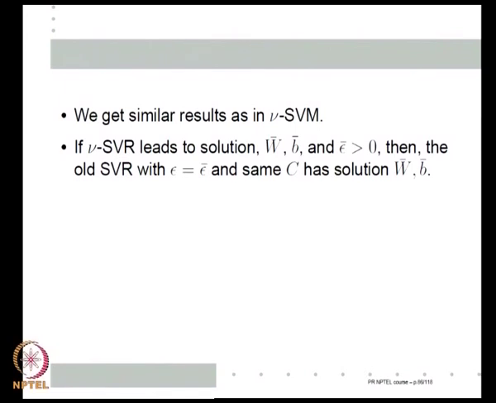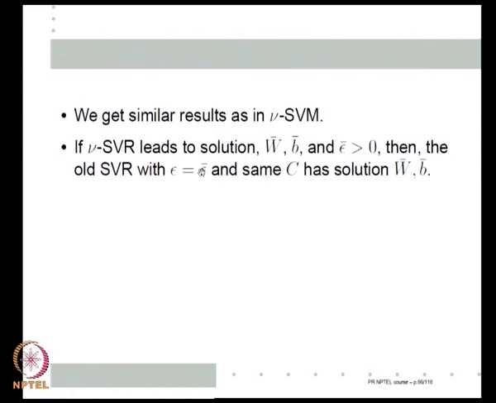So, when I get a solution with epsilon strictly greater than 0, then if I now run the old SVR with that value of epsilon and the same value for the other constant C, I get back the same solution. So, nu SVR also gives you a solution that old SVR could have given under some particular parameter settings.